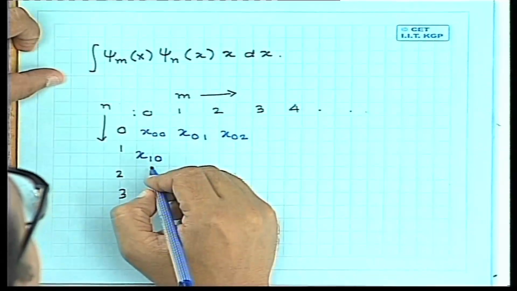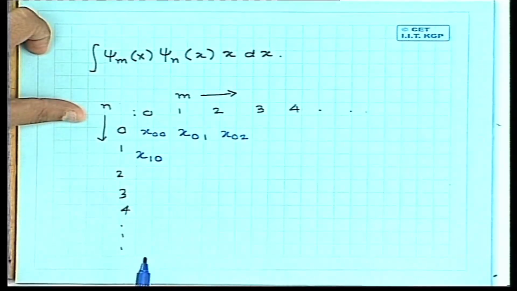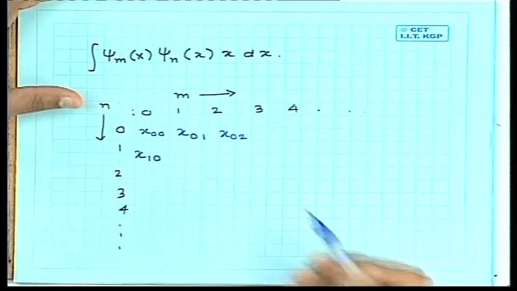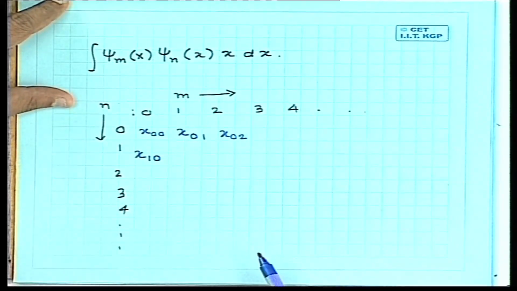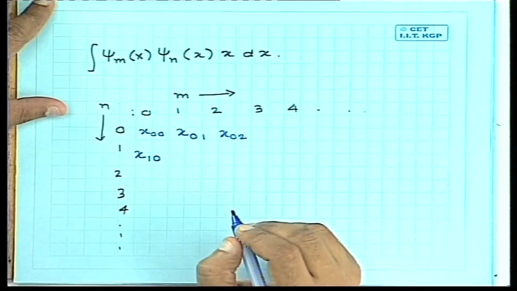This will be the value of n and then the value of m, column and row, or you could use row, column, whichever; it is a matter of convention.